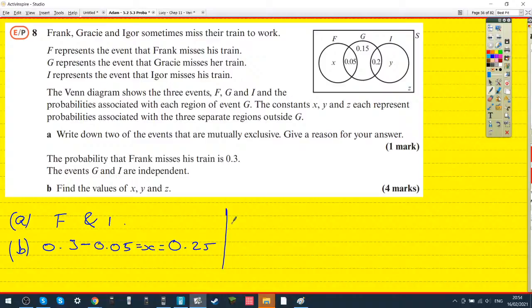Say it again. 0.15 divided by 0.2. You're on to something.